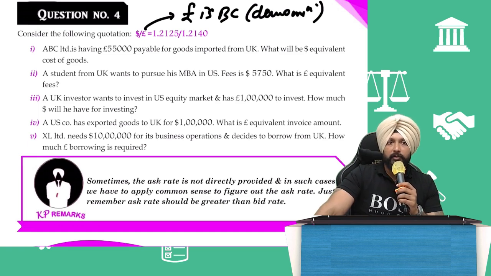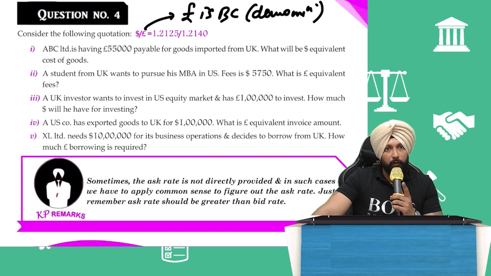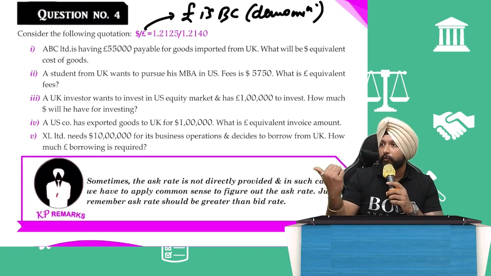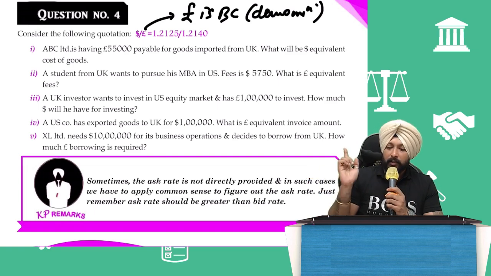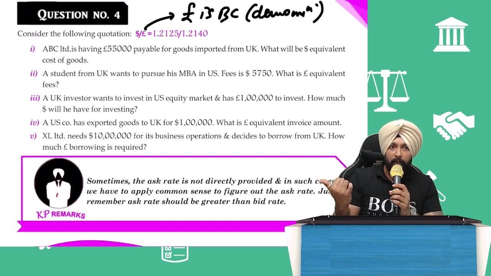You want answer in terms of dollar? From pound to dollar, from base currency to price currency. Multiply. So multiply part is clear. This is a UK investor. He is having 1 lakh pound with him. He will sell pound to buy dollar. What is your focus? Sell pound or buy dollar? Sell pound is your focus because we focus on base currency. So if we sell pound, then bid rate will apply. So bid rate and multiply.